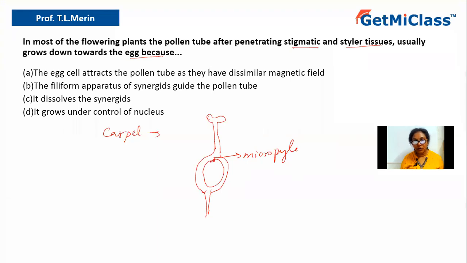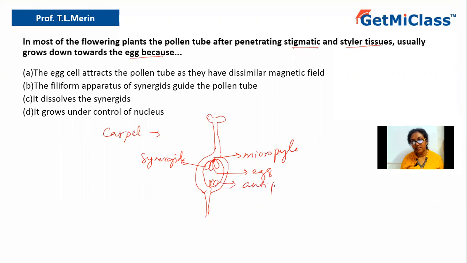Near the micropyle it has three haploid cells, one egg and two synergids at the micropylar end, whereas at the chalazal end there are three antipodals.